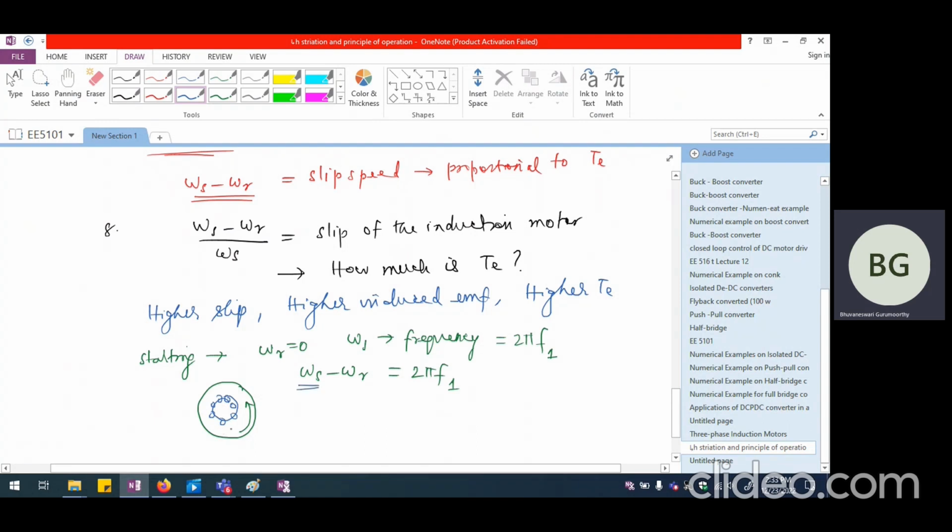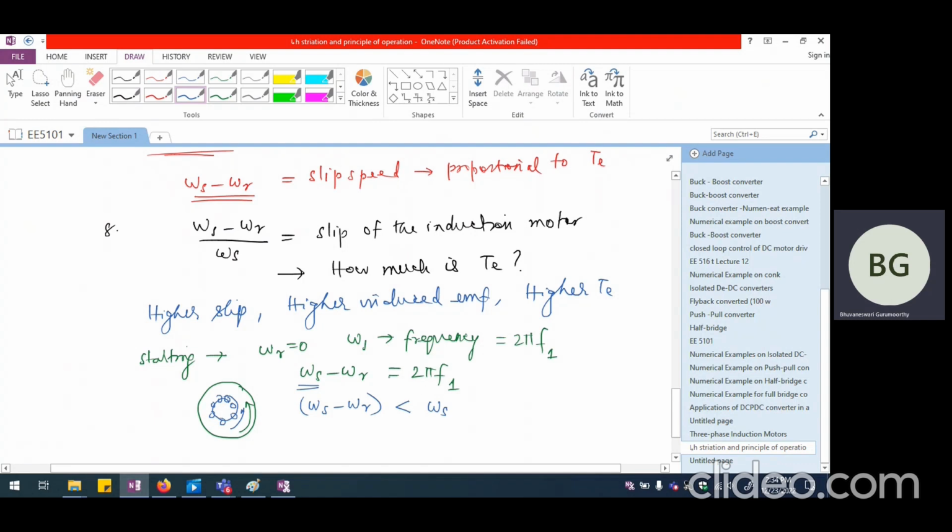Whereas once the rotor starts rotating with some velocity greater than 0, omega s minus omega r is going to be less than omega s, because omega r is more than 0.